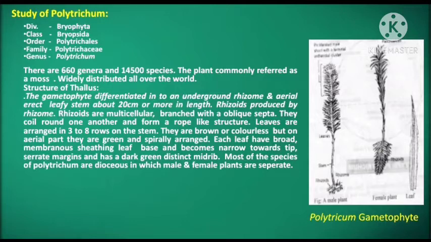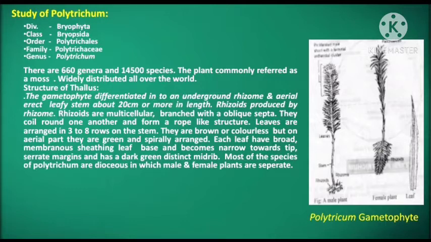Polytrichum is a common moss like Funaria. In the rainy season, we see the common moss Funaria growing on the walls of old houses and on tree trunks. So Polytrichum is also more or less similar to Funaria.